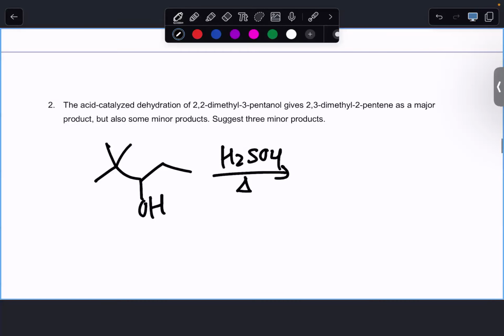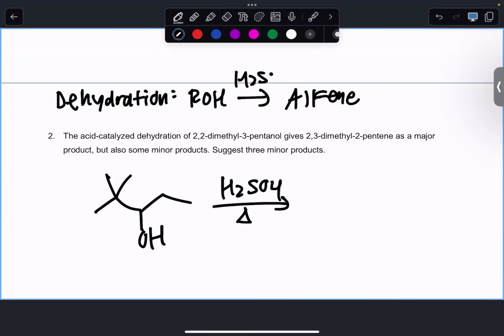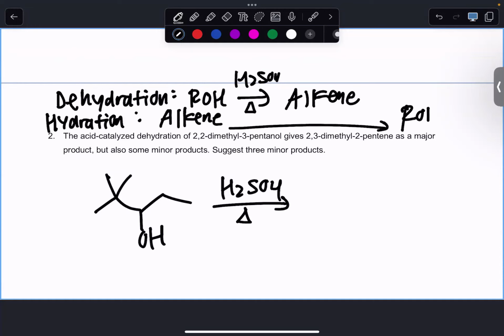So when you see dehydration, you're starting from an alcohol and you're ending up with an alkene, where your reagents are H2SO4 and heat. If you have hydration, you're starting from an alkene and you're going to an alcohol where your reagents are H2SO4 and H2O or ROH.